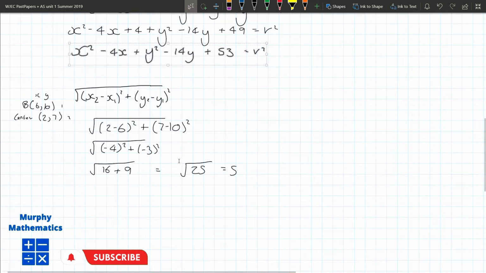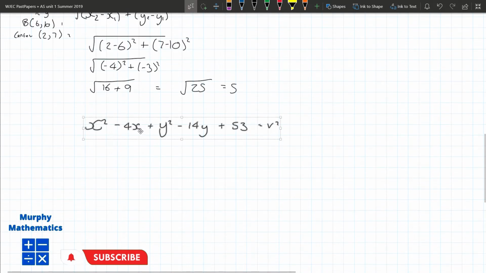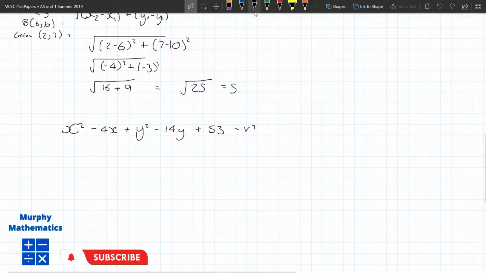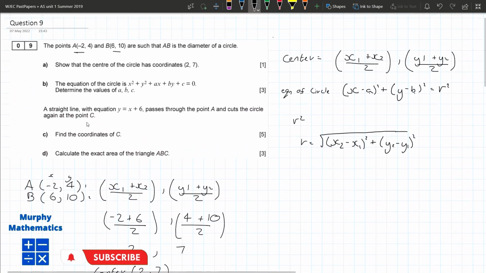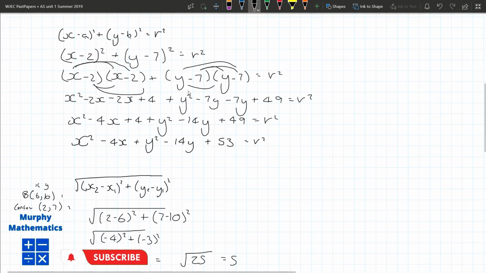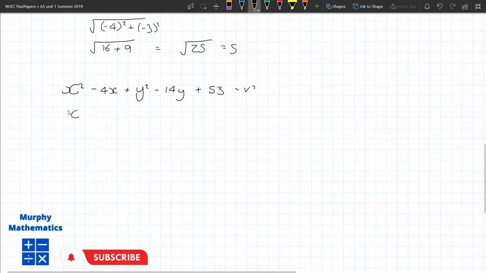So now I can plug my radius squared into here. I'm going to rewrite it how they've asked for it: x squared plus y squared plus ax plus by plus c. So x squared plus y squared minus 4x minus 14y plus 53 equals 25.